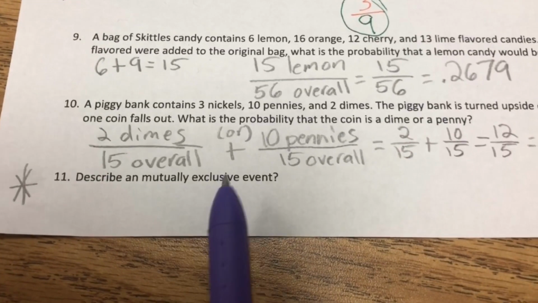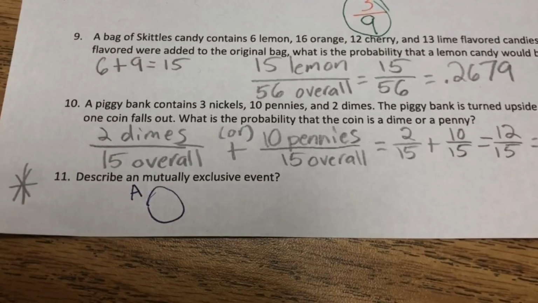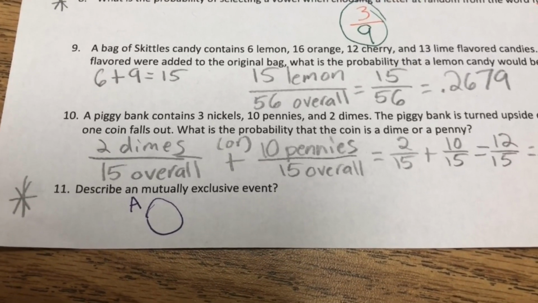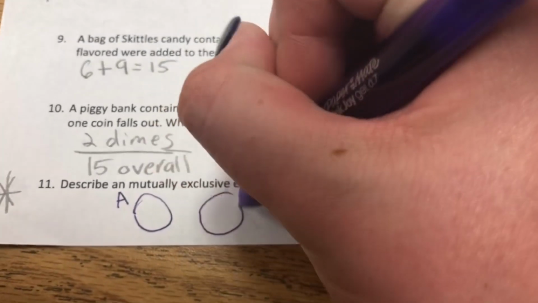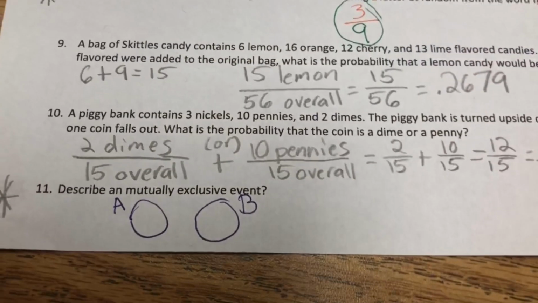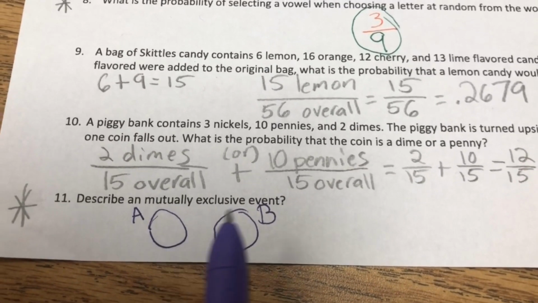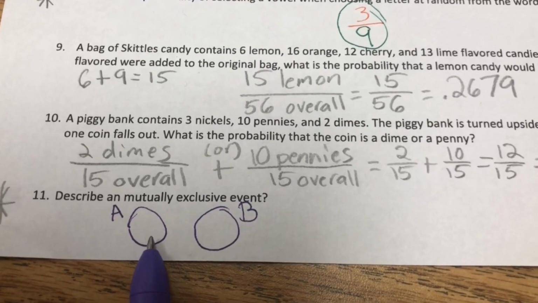A mutually exclusive event means that situation A, let's say you pass a class, and situation B, you don't pass a class, are mutually exclusive, meaning you can't do both.